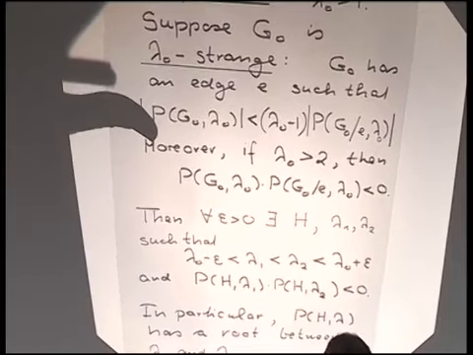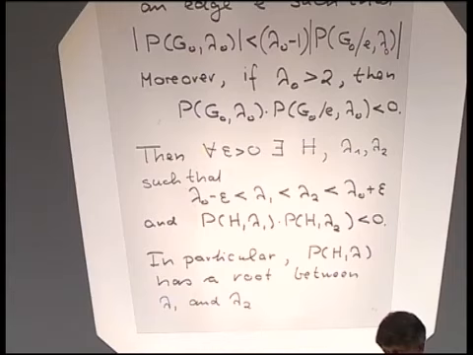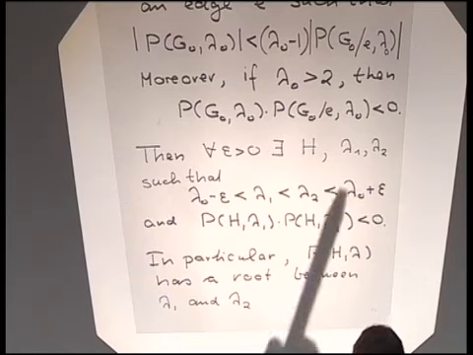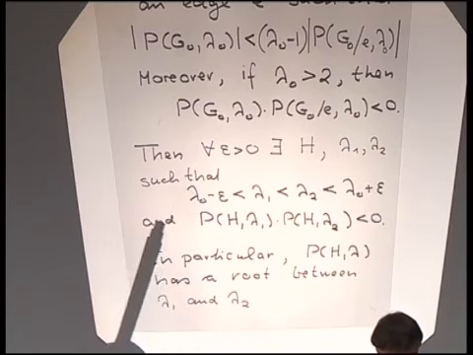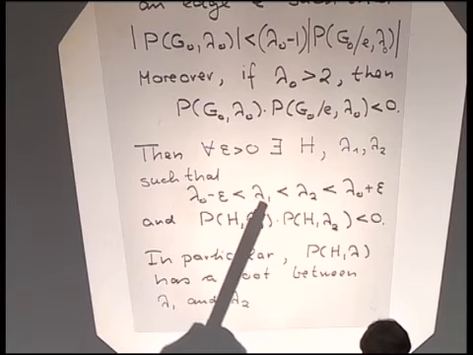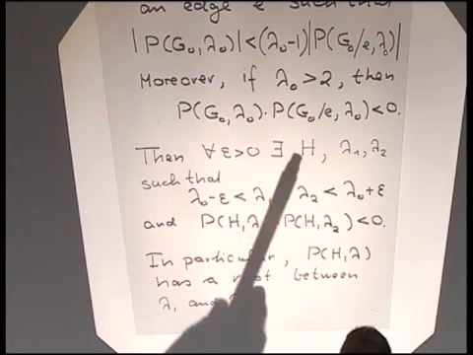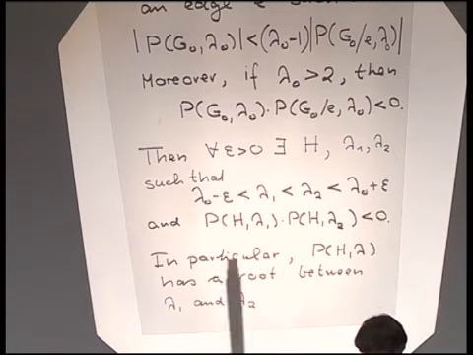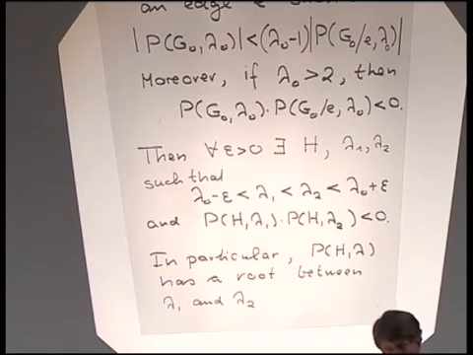Well, if this is the case, if we have such a graph with such an edge, then the following holds. For every positive epsilon and for any two numbers close to lambda node, you take any two numbers, lambda 1 and lambda 2, close to lambda node, then you can find a graph H such that its chromatic polynomial in lambda 1 and in lambda 2 have different signs.